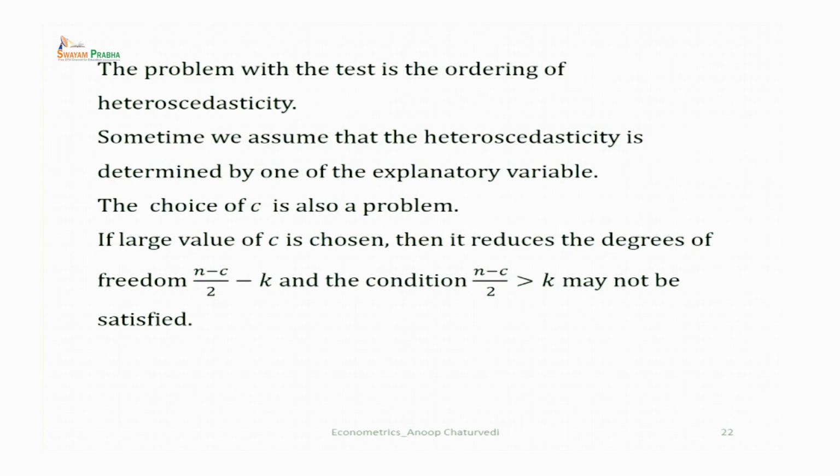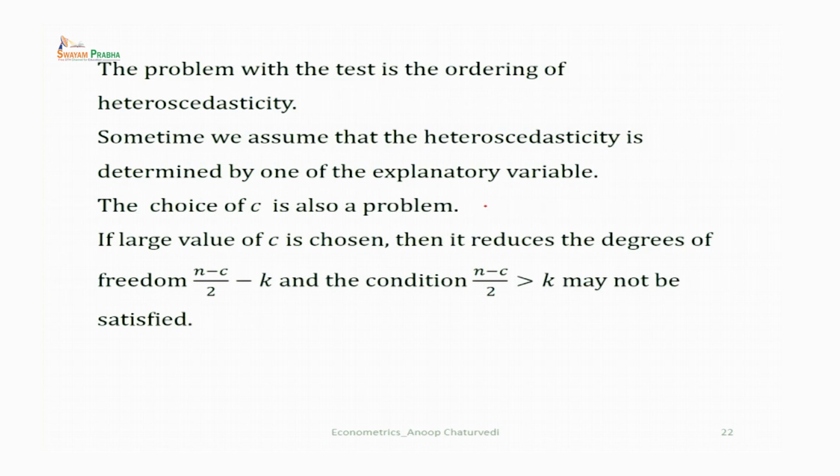The only problem with this test is the ordering of heteroscedasticity, but if you have some kind of extraneous information, then you may utilize that information. Or if heteroscedasticity is determined by one of the explanatory variables, then you can utilize this information for ordering the heteroscedasticity.